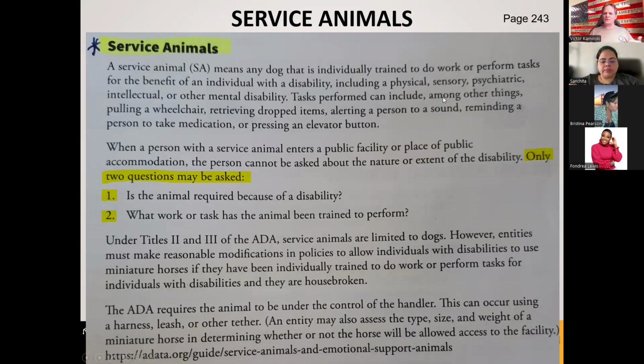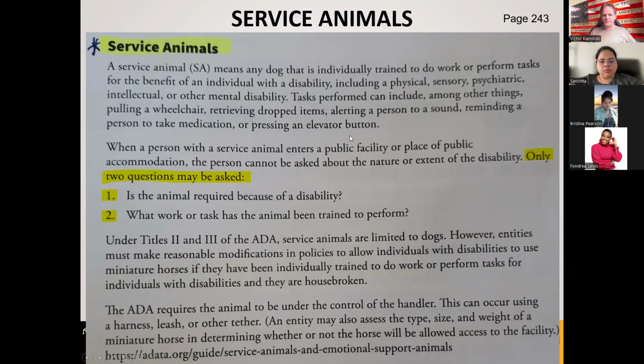Tasks performed can include, among other things, pulling a wheelchair, retrieving dropped items, alerting a person to a sound, like a doorbell that they may not notice, reminding a person to take medication, or pressing an elevator button for them.